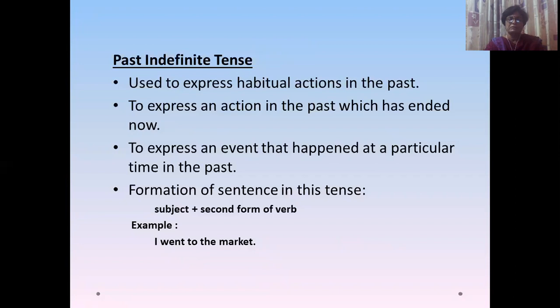For the formation of a sentence in this tense there will be the subject and the second form of the verb. I've given an example: I went to the market. Here the verb is went and it is in the second form. This is how we write in past indefinite tense.